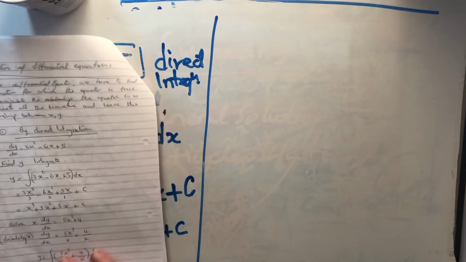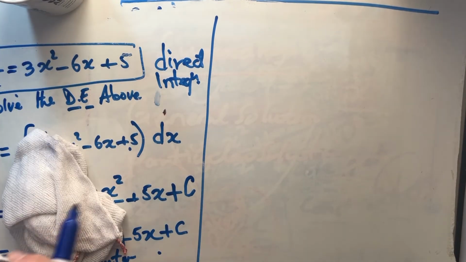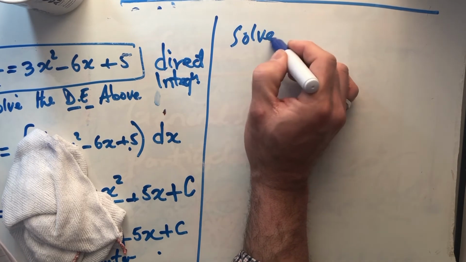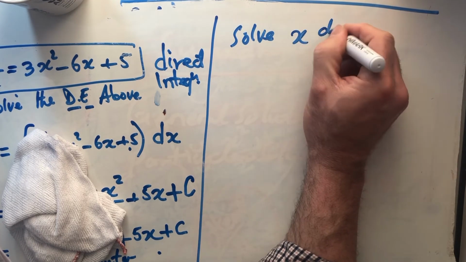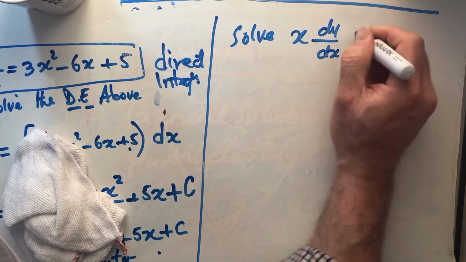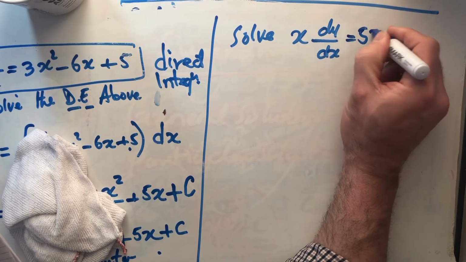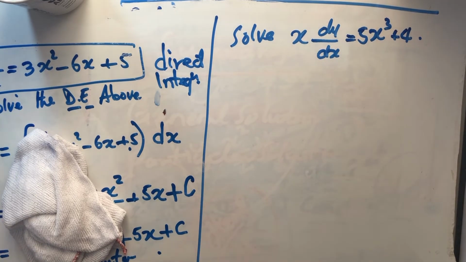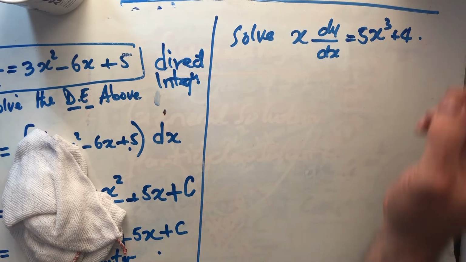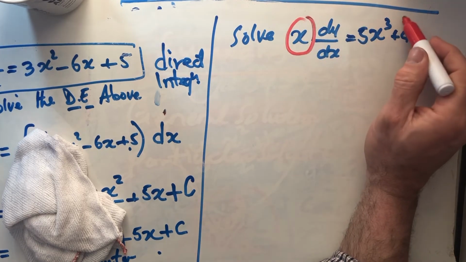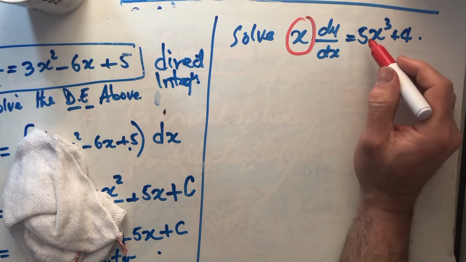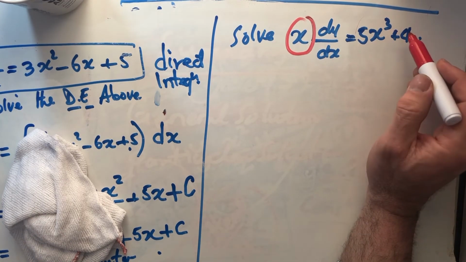Let's do another example. Solve this equation: x dy/dx equal to 5x cubed plus 4. The first thing we need to do is to get all the x's on one side. So in this example, we need to divide through by x.